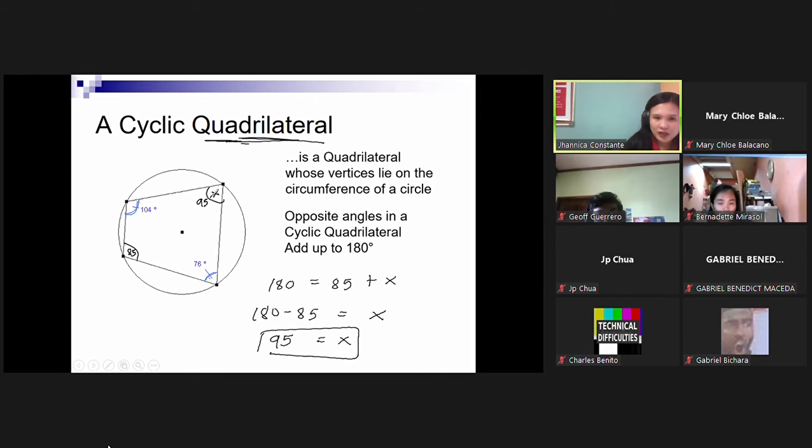We have 95 degrees. That's how we find the measurement of the angle if the shape being drawn inside of our circle is a cyclic quadrilateral, where all the vertices are on the circumference of our circle.